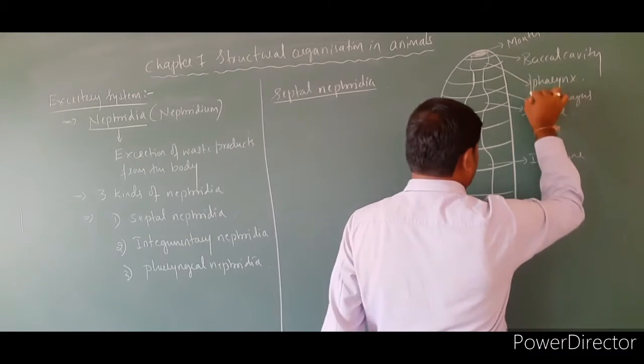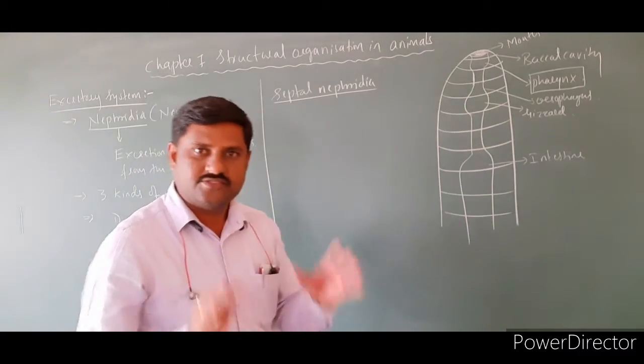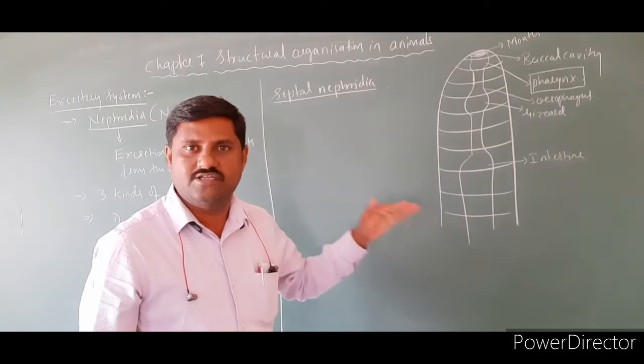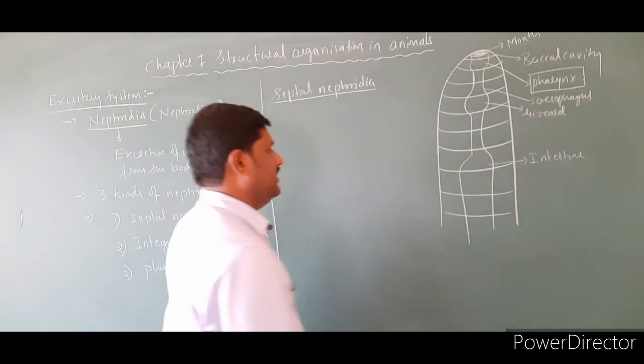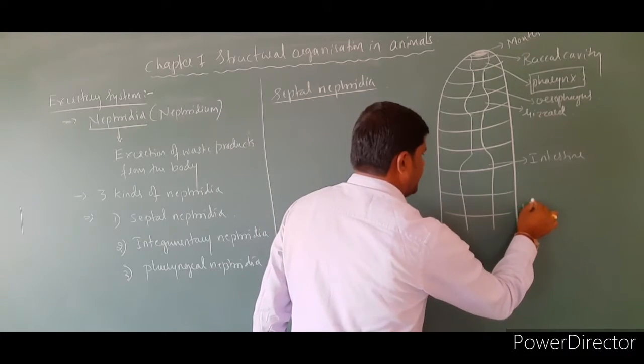So we'll have to focus on this structure, pharynx. So I will show different types of nephridia. They are distributed on the body, right? See here. So consider this is the 15th segment.